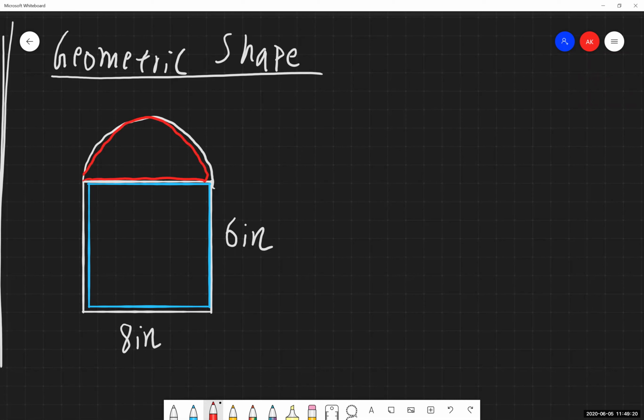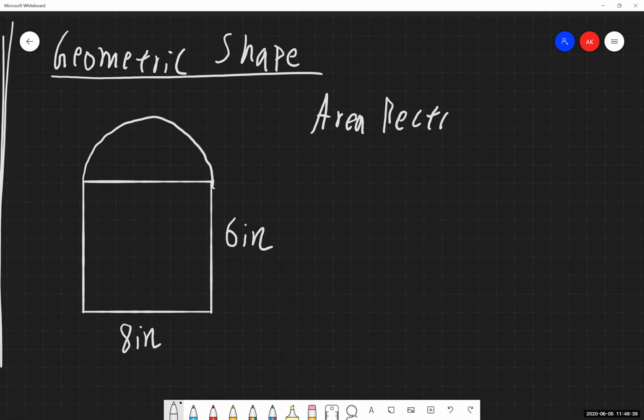So if we are trying to find the area of the entire shape, find the area of each of those one at a time. So solve for the area of the rectangle. Again, our equation for that: area is equal to length times width.